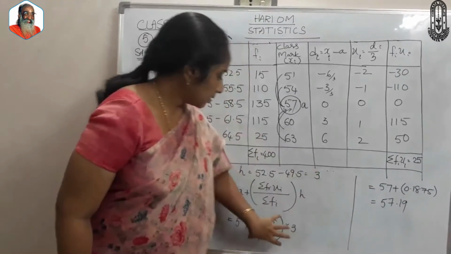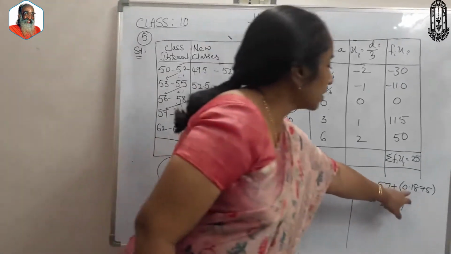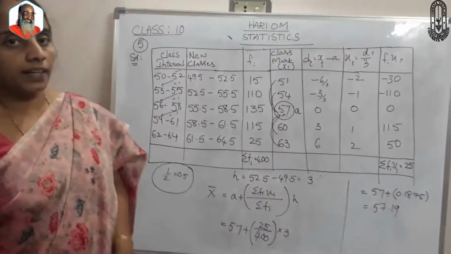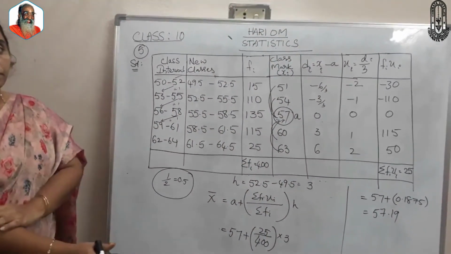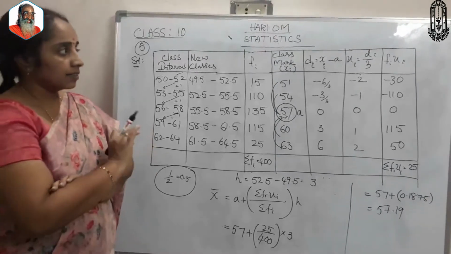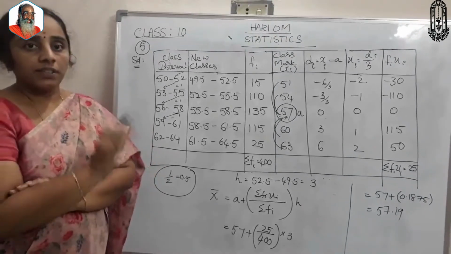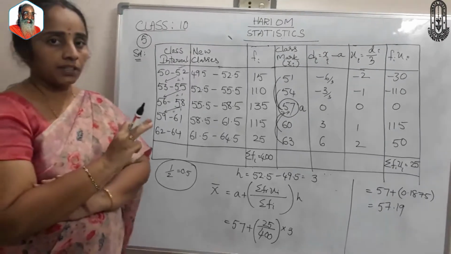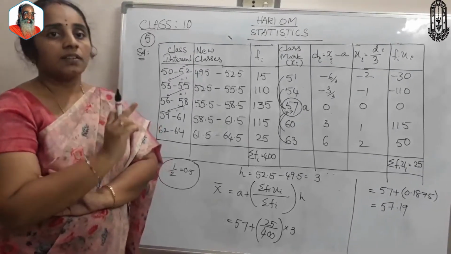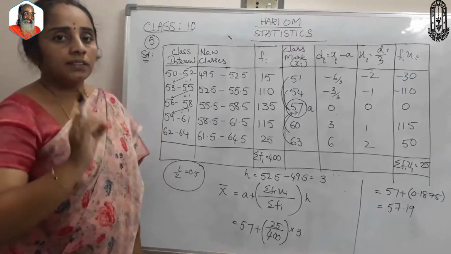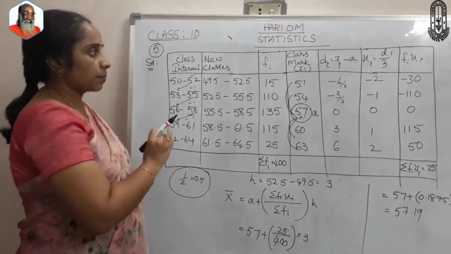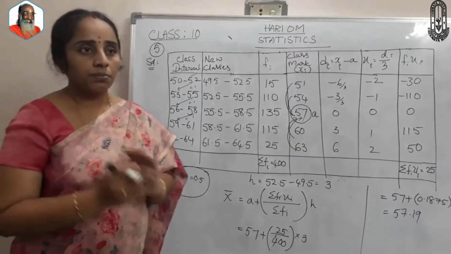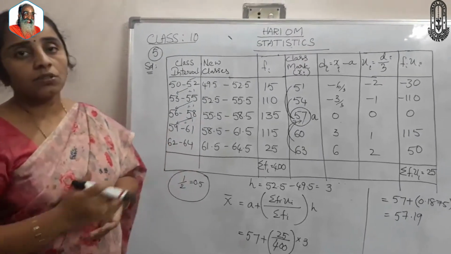Now this entire value is 0.1875, 57.19. So up to now mean is discussed with 3 methods. One is the direct method, next one is the assumed mean method, and the third one is the step deviation method. This is about mean. Next coming to mode.